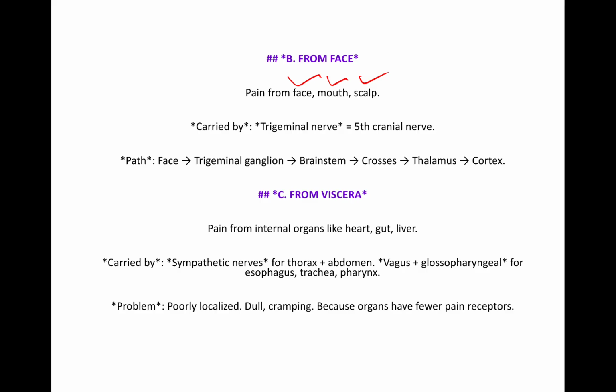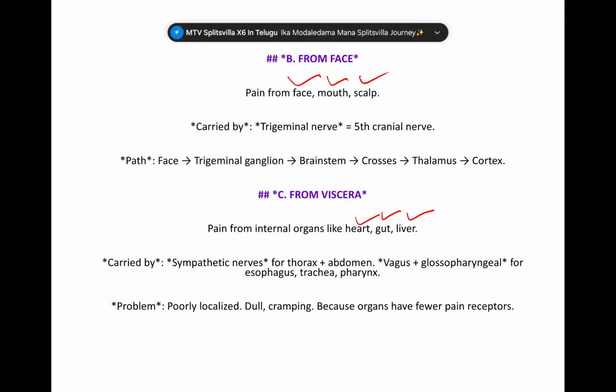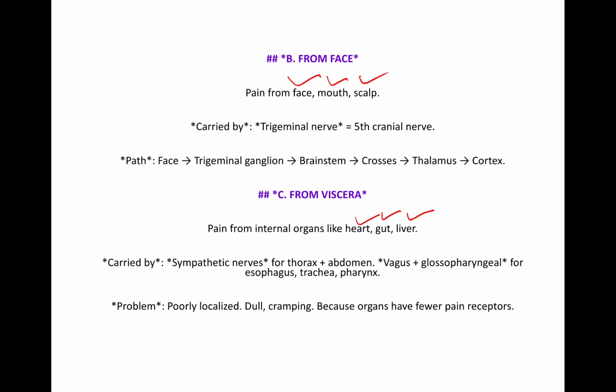Okay? Now, the third one is from viscera. Pain from internal organs like heart, gut, liver, etc. They are carried by what? They are carried by sympathetic nerves for thorax and abdomen. Now, the vagus plus glossopharyngeal nerves are here for esophagus, trachea and pharynx, right?